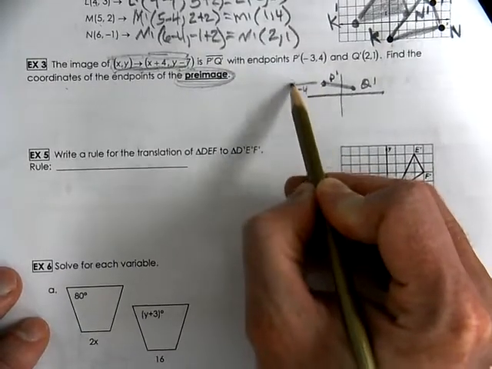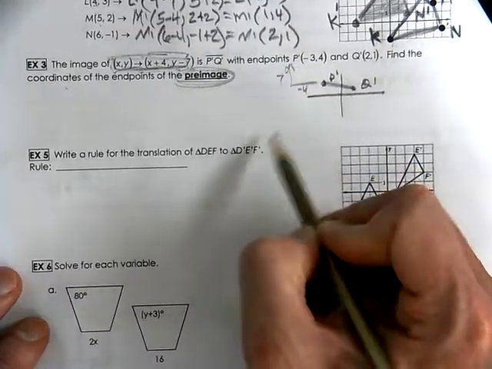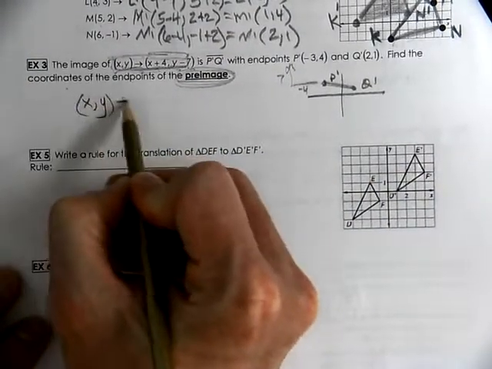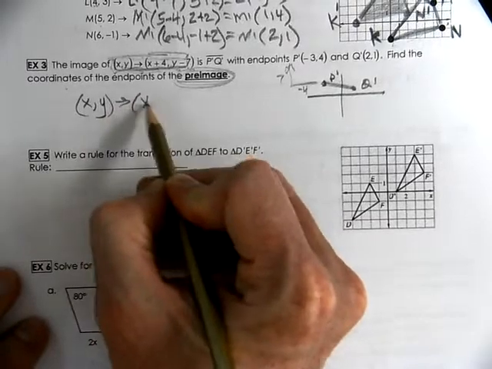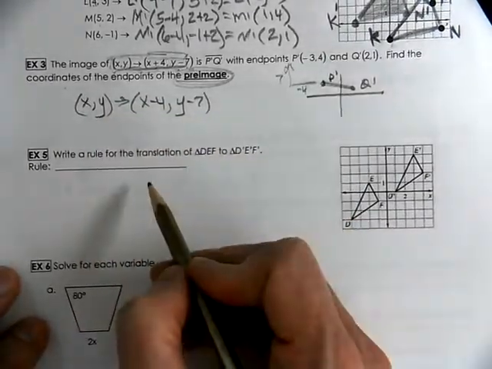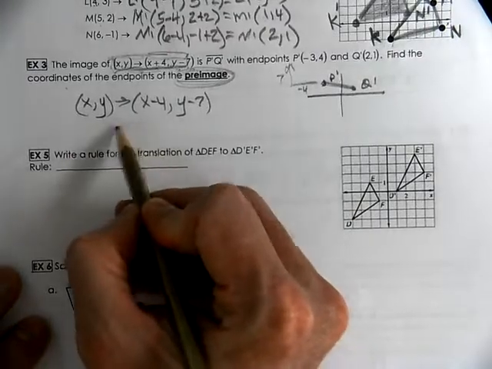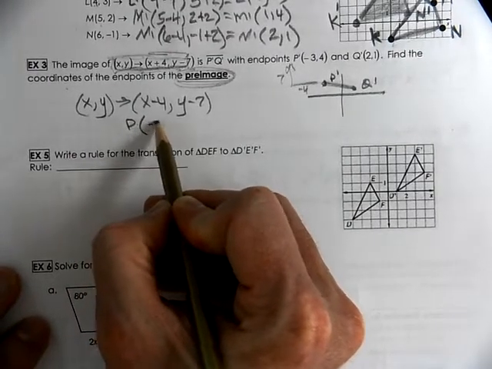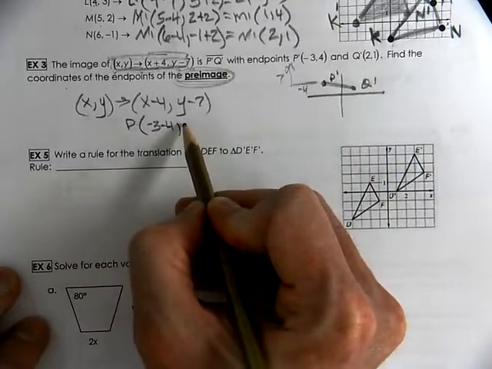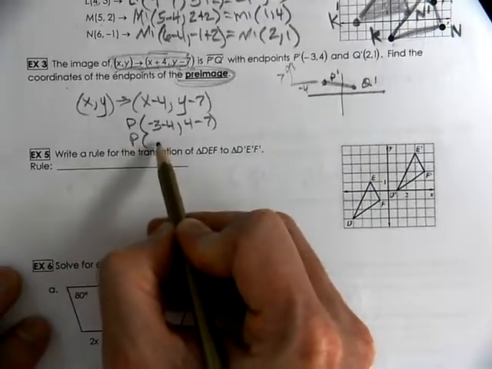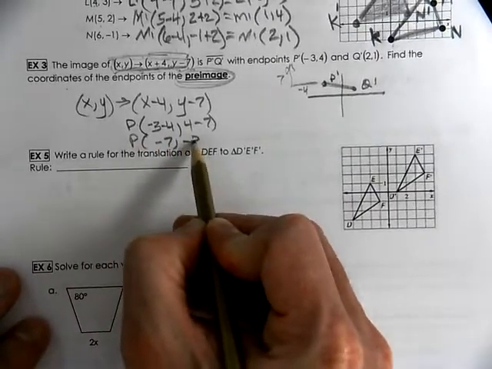So we could say our new rule is x minus 4 and y plus 7. So we could say that P must be at -3 minus 4 and 4 minus 7. That's -7, -3.